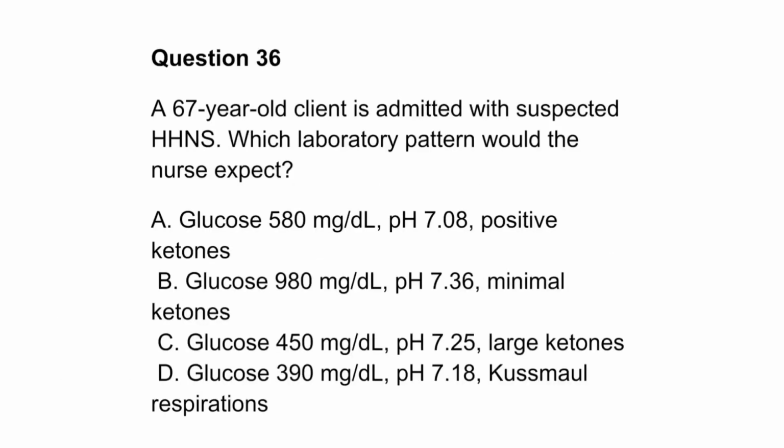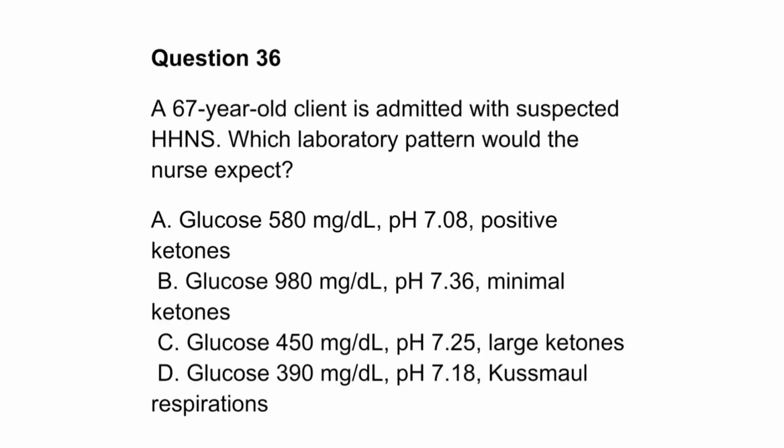Question 36. A 67-year-old client is admitted with suspected HHNS. Which laboratory pattern would the nurse expect? A. Glucose 580 mg per deciliter, pH 7.08, positive ketones. B. Glucose 980 mg per deciliter, pH 7.36, minimal ketones. C. Glucose 450 mg per deciliter, pH 7.25, large ketones.